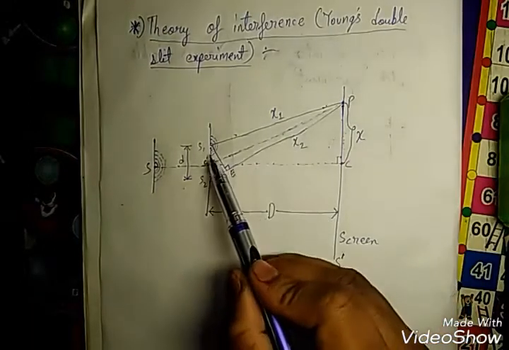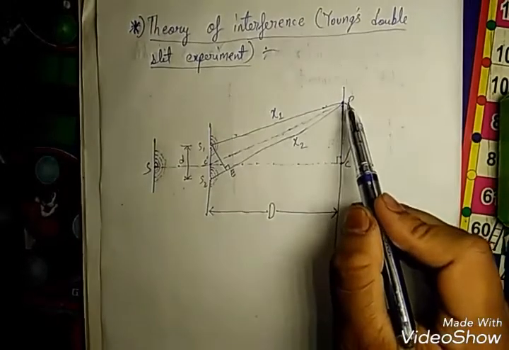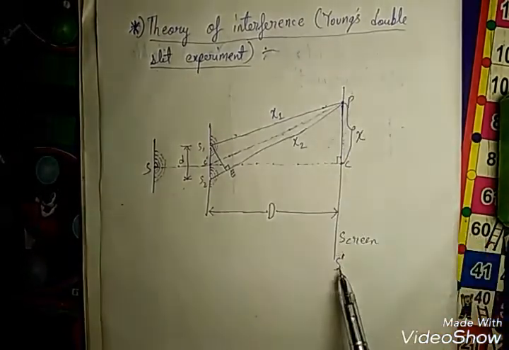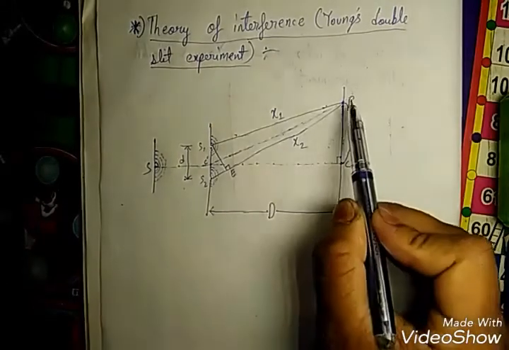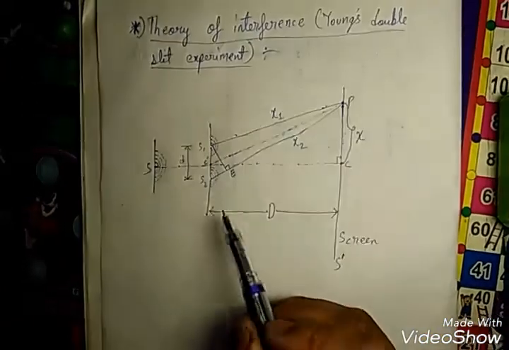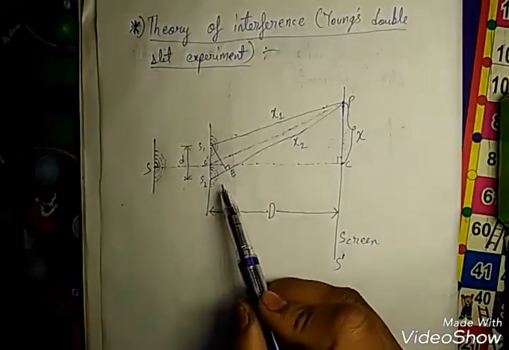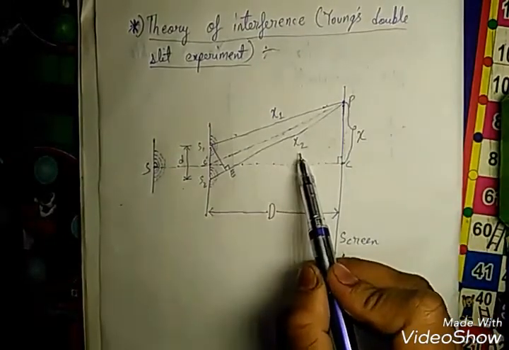Now let the light passing through S1 and S2 meet at any point P on the screen S dash. Let the distance of the ray passing from S1 to P be x1 and the distance of the ray passing from S2 to P be x2.